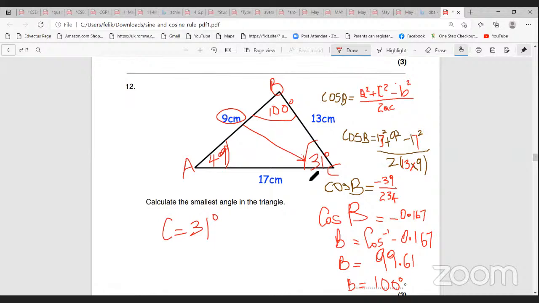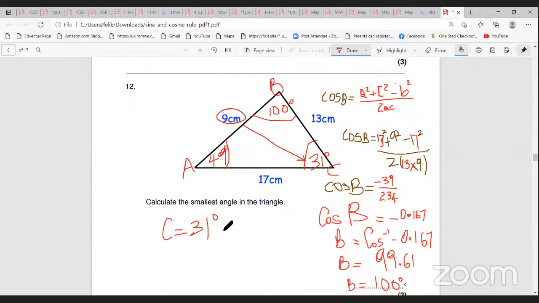So instead of going through the process to calculate two angles to figure out the third one, anytime we get a question like this again, we look at the smallest side, and it will direct us to the smallest angle. The smallest side is opposite the smallest angle.